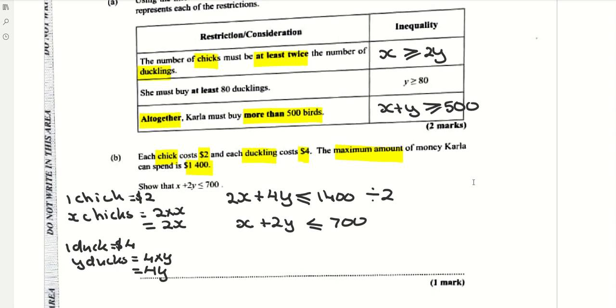We simply divide this entire thing by 2. So 2X divided by 2 is X. 4Y divided by 2 is 2Y. And 1,400 divided by 2 is 700. And that is how you show that this equation is equal to the information given.